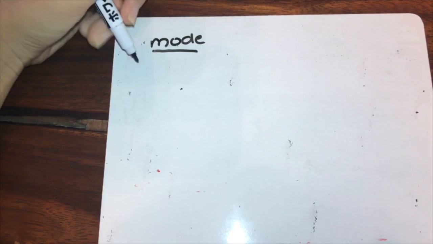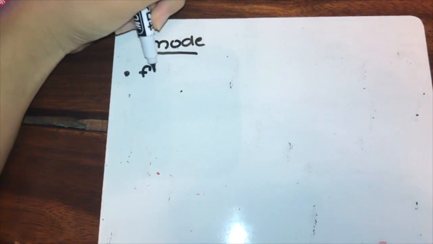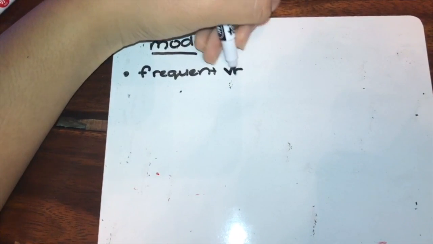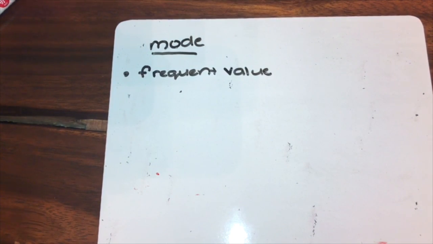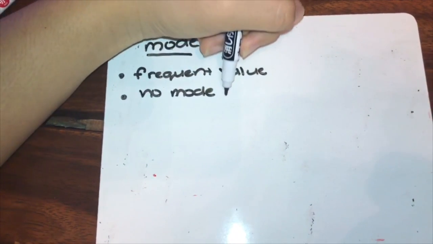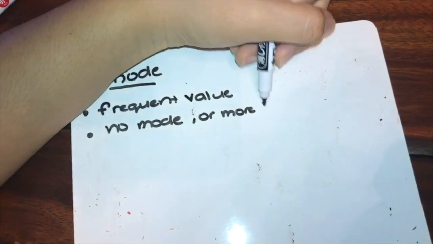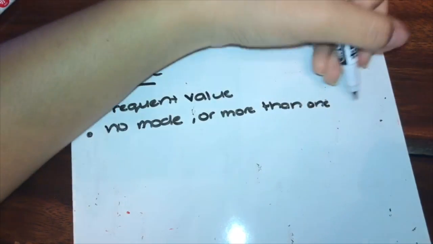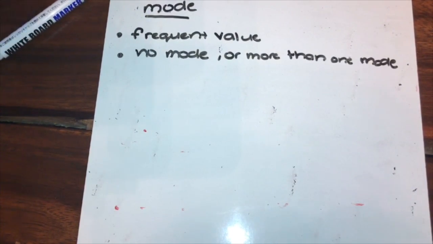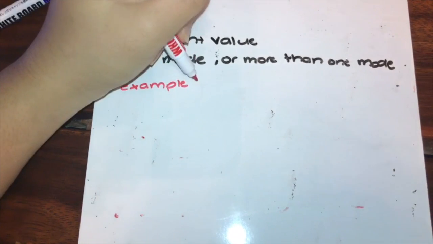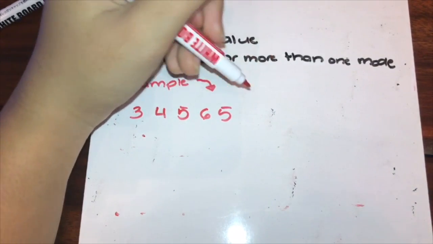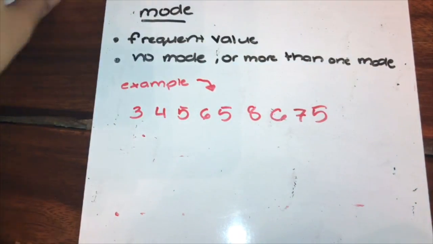The mode is the most frequent value in a data set. It's possible to have no mode or more than one mode. Here's an example.